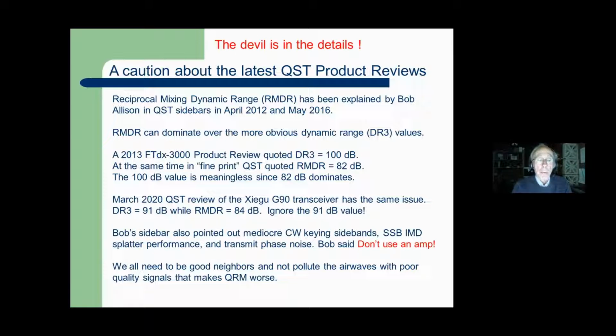I would say for at least 20 or 25 years, most radios were actually dominated by the phase noise and not the third order dynamic range. And here's a prime example.